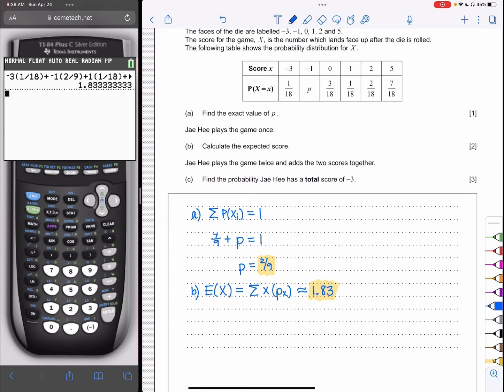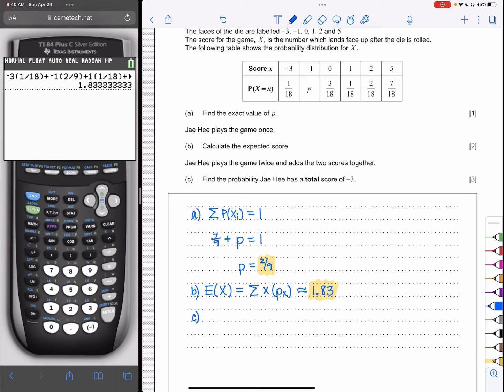All right, so next for part C, it says He plays the game twice and adds the two scores together. What is the probability that He has a score of -3 total? So that means between the first roll and the second roll, you want a total of -3.